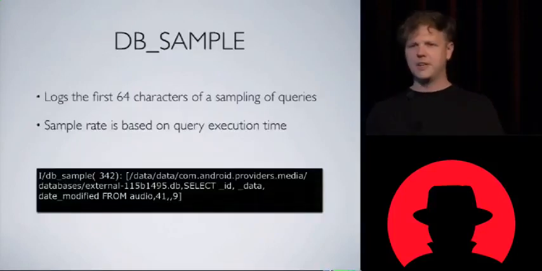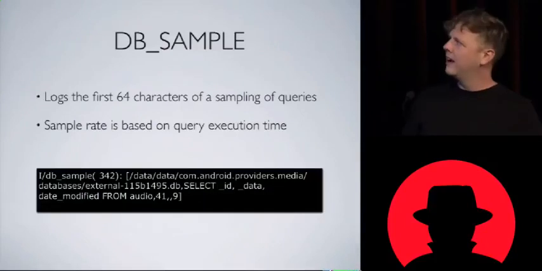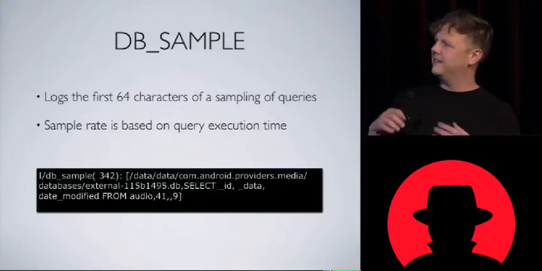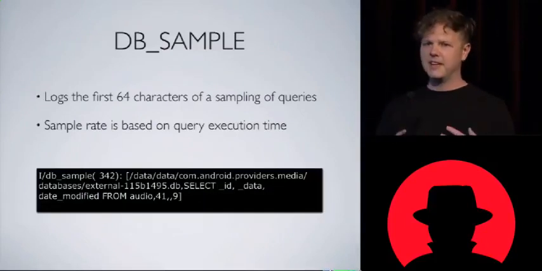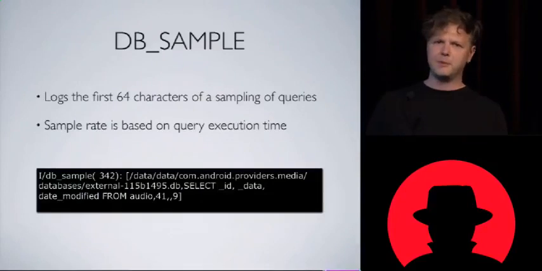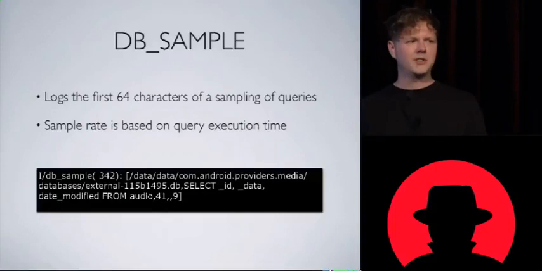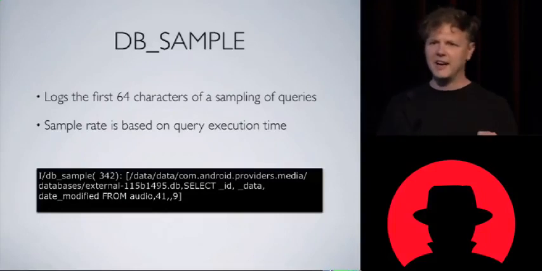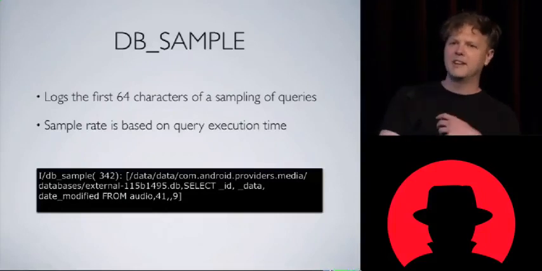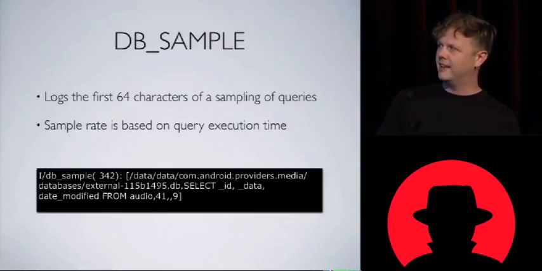So one of the first things that we noticed, as I mentioned before, in the event log, there's actually something that pops up on Froyo that we hadn't seen before. This appears to me to actually be old code that's typically been disabled, but is actually enabled on Froyo images that have popped up.